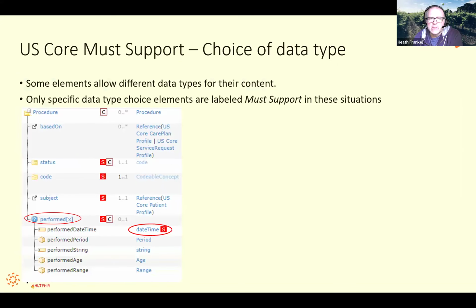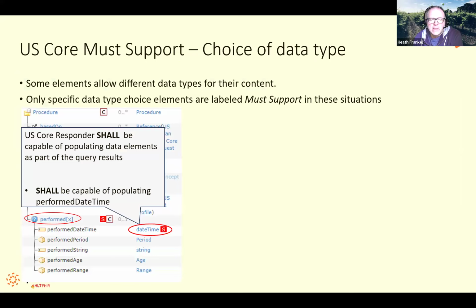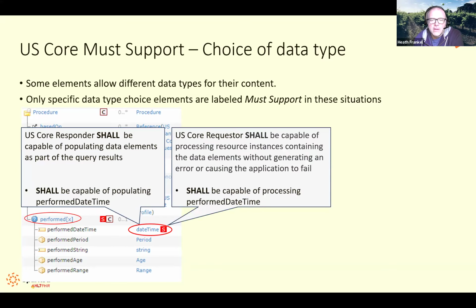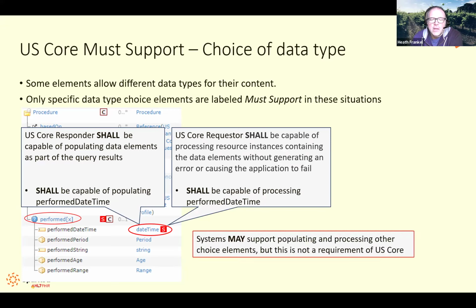And as I indicated last week, US core is basically putting must supports on the data types, and their current definition for this is that they shall be capable of, and that's equivalent to the is able to scenario, but also for the requester, they shall be capable of processing the performed date time, but they may support others.